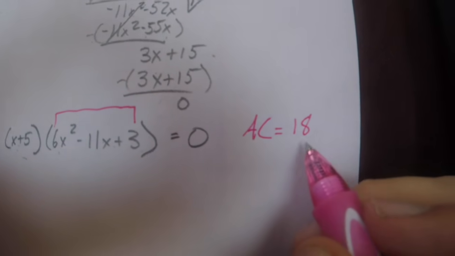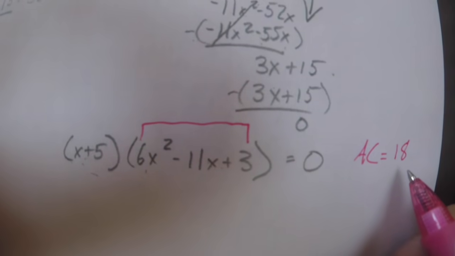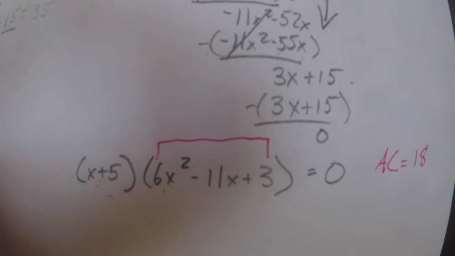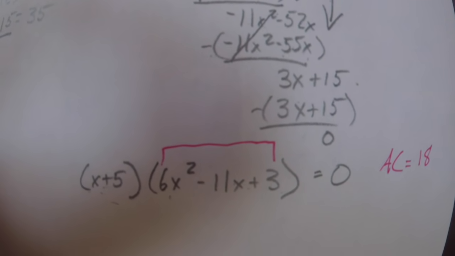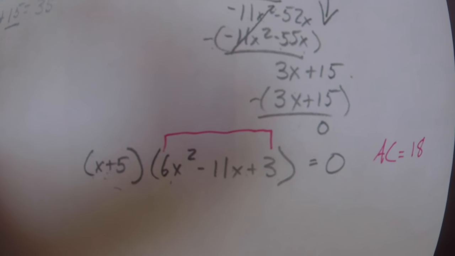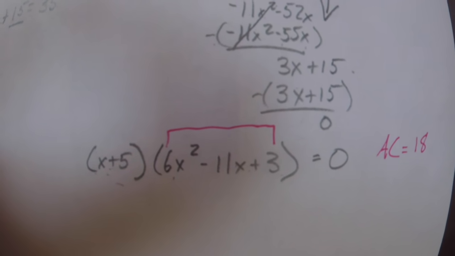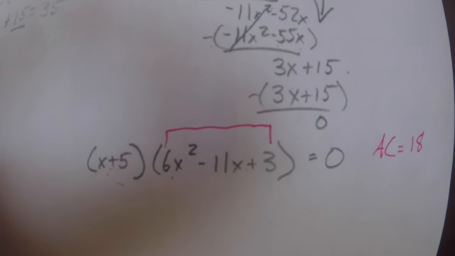Are there any factors of 18 that multiply to 18 and add up to negative 11? No, not that one. How about, oh, I found it.